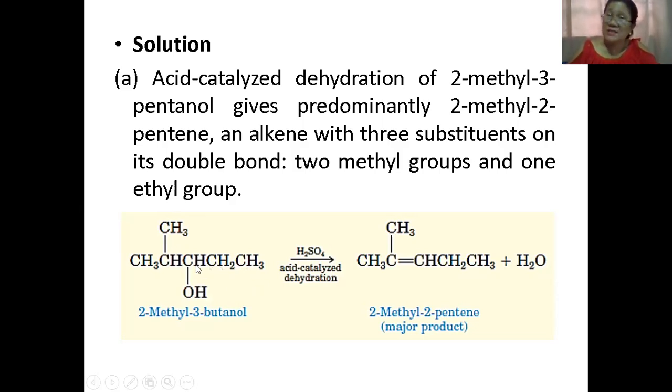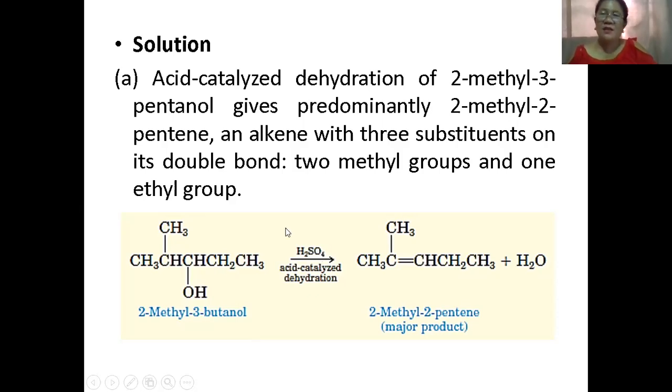They are the same, 3. But then what will happen? Your substituent will be at carbon 4. So it is closer if your substituent is at carbon 2. That is why we use 2-methyl-3-butanol.